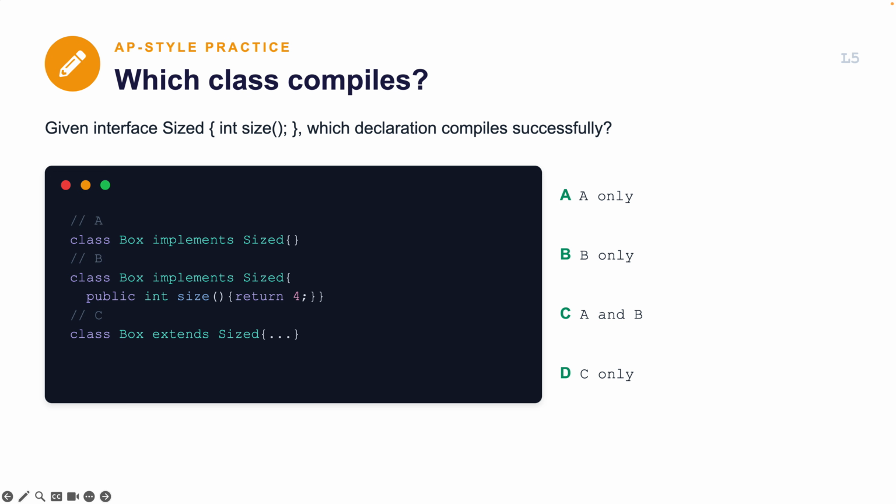Option B implements Size and provides a public int size body. It satisfies the contract and compiles, so the answer is B. Here's what I'm going to reinforce with you guys. Implementing an interface is a promise you must keep by defining every method, and you use implements, not extends.